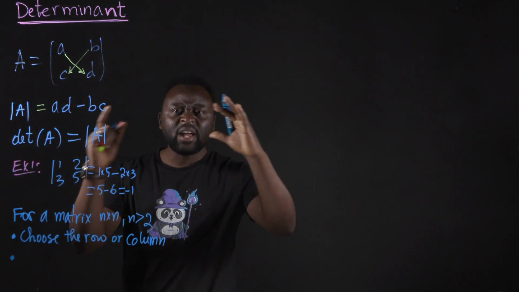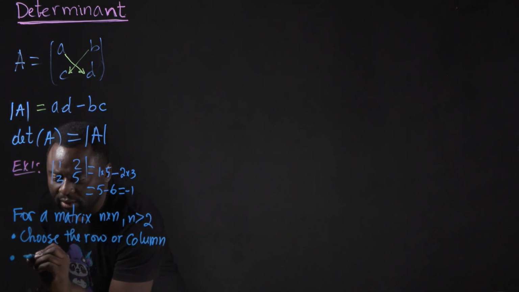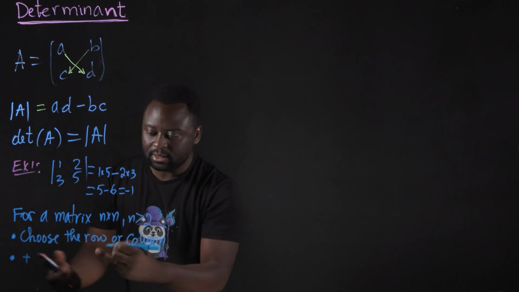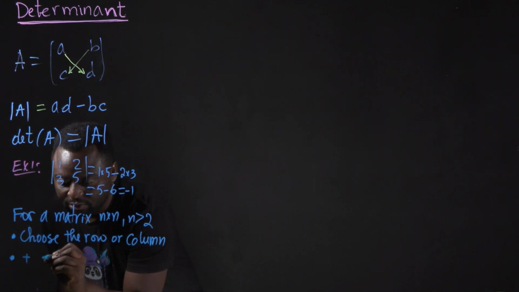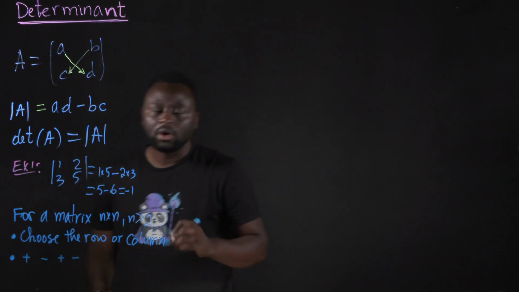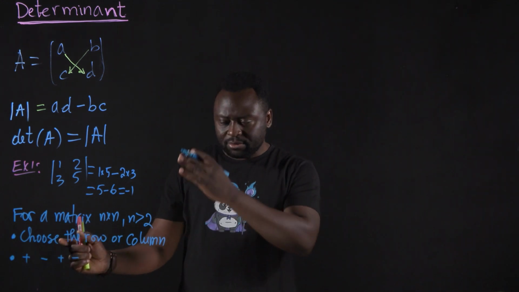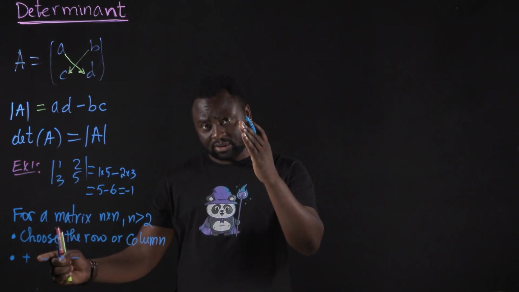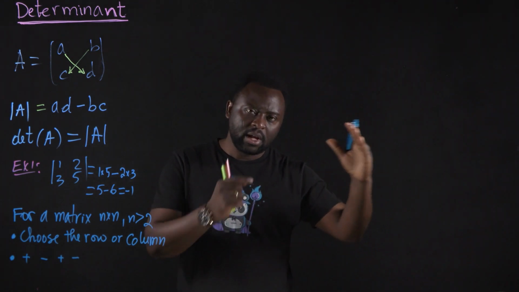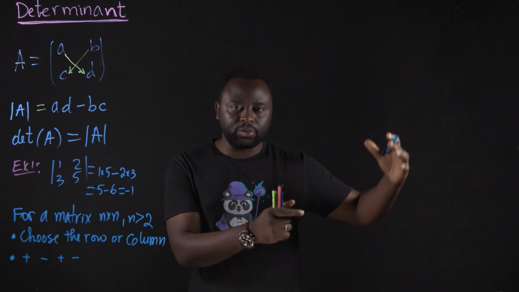Secondly, there's a sign pattern that you have to follow. If you start with positive, it generally starts with positive. Then I will explain this later. You have to follow by negative, positive, negative, and so on. Okay? You have to use this sign table. If you always start with positive, then the next is negative. You have to alternate between positive and negative. But you can't put two negative signs consecutively. You have to alternate, okay?